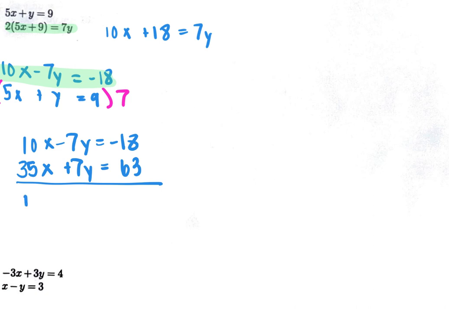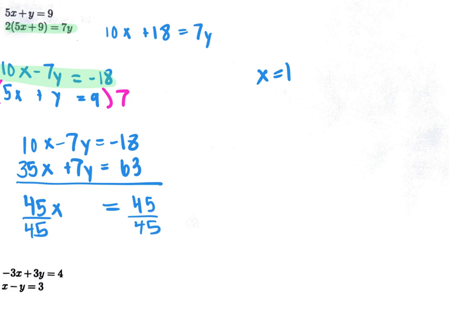I get 45x. The y's cancel out. That's great. And then we have 45. Is 63 minus 18 45? Yes, it is. Okay. So now I'm just solving for x because x is all that is left in the equation. So we end up with x equals 1.